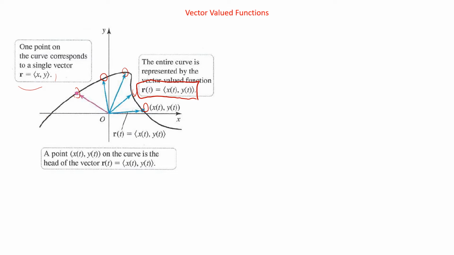What's crazy about these vector functions is they can stop, like it can be a finite thing. It could go on forever in either direction. It can curve back on itself in a couple different ways. One way it could curve back on itself is it could, I'll just use this, actually go over here.